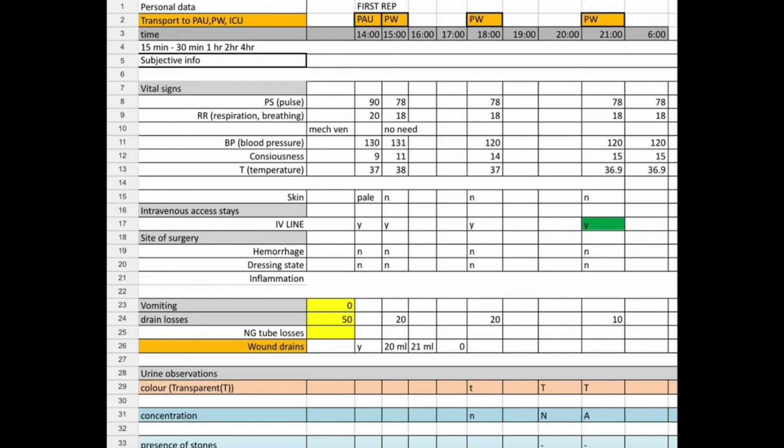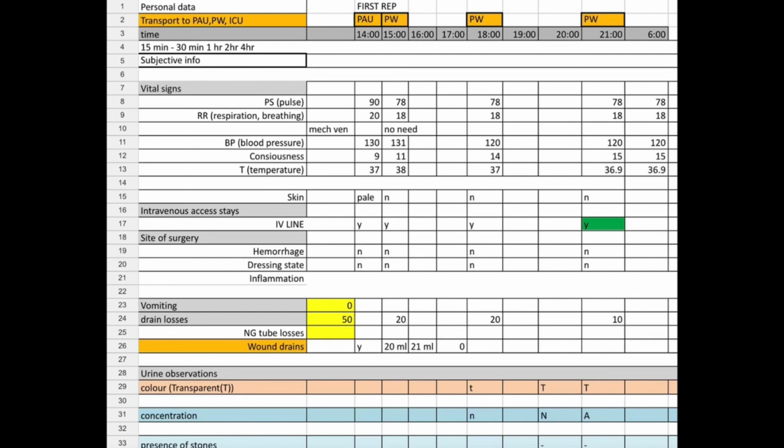And then for consciousness level, it starts with 9 and then it slowly increased to 15 at 6 in the morning. And then for body temperature, it starts with 37 degrees at 2 p.m. and then it increased to 38 degrees at 3 p.m., which indicates that the patient is having fever.